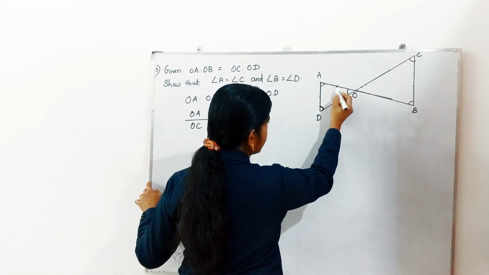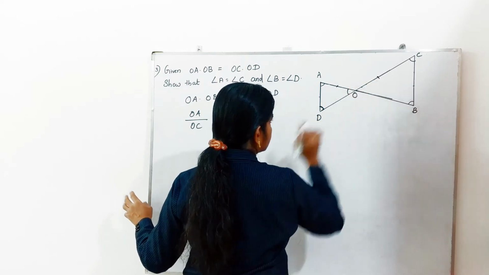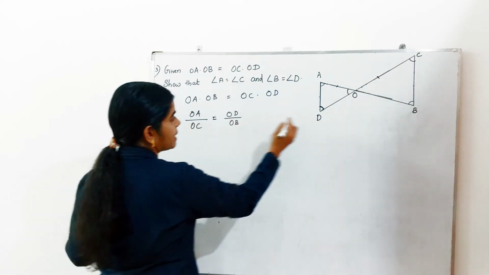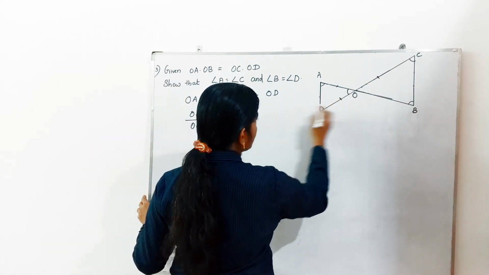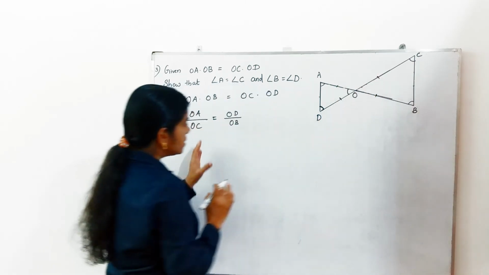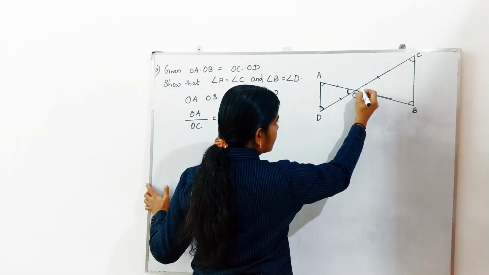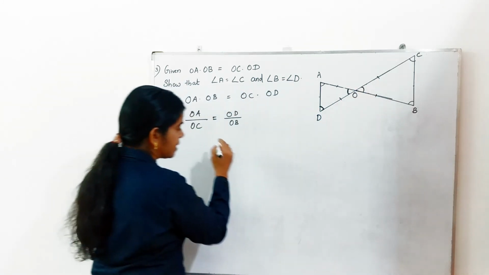OA by OC equal to OD by OB. OA means this side and OC means this one. These are the two sides, and OD means this one and OB means this. These are the two sides you got. Its ratio is equal. Then this one and this are vertically opposite angles.